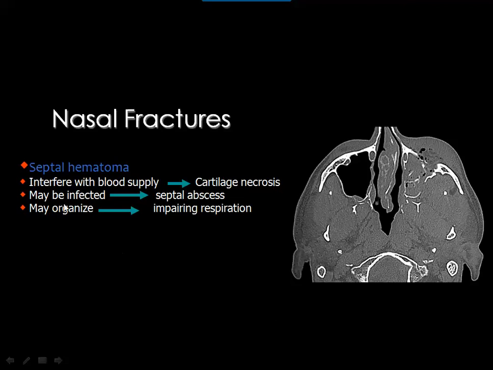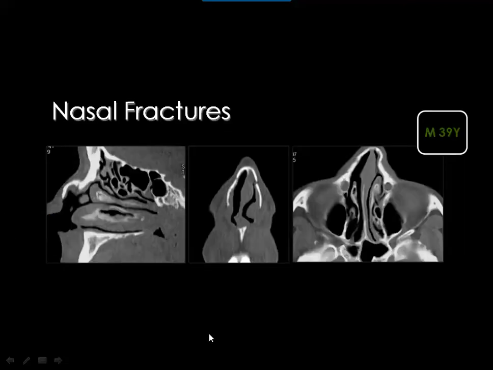This hematoma may interfere with the blood supply of the nasal septum, leading to cartilage necrosis, and the hematoma may be infected, leading to nasal septal abscess, and may organize with impairment of respiration.